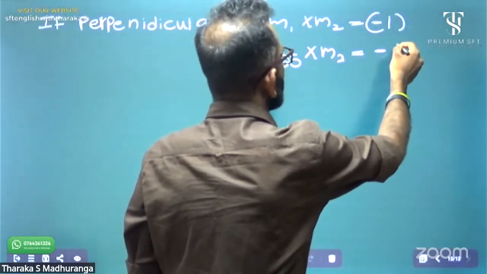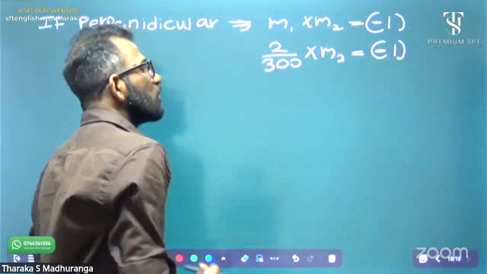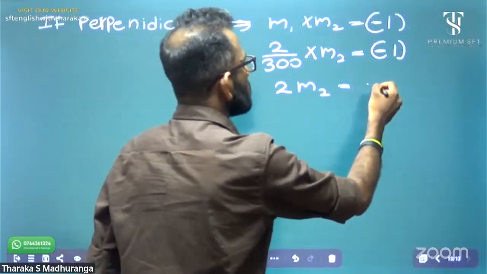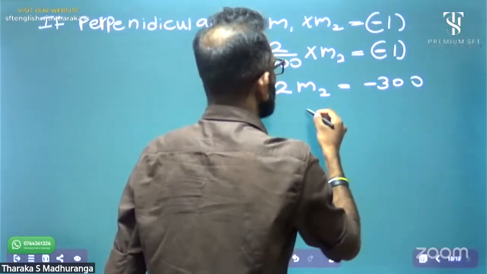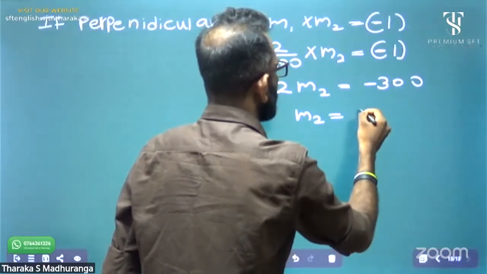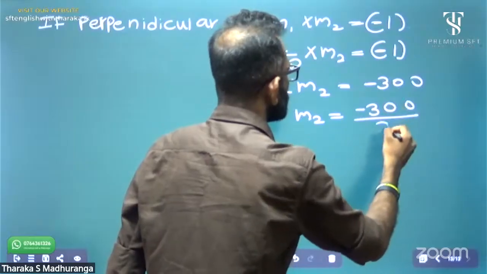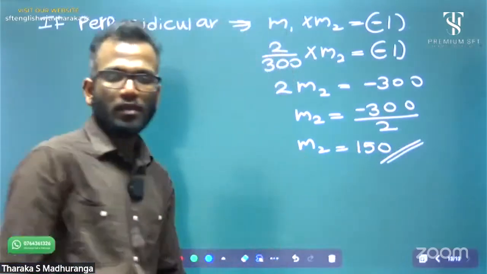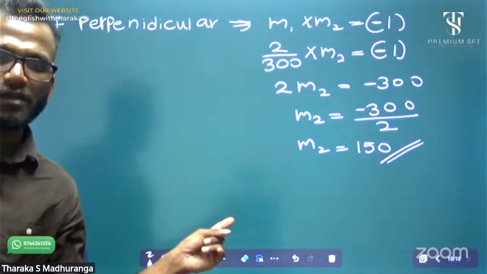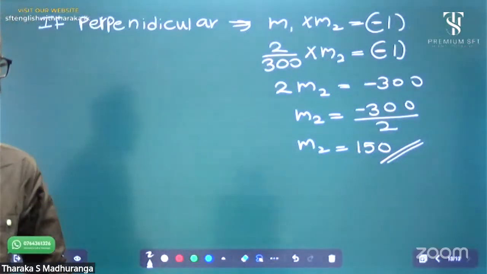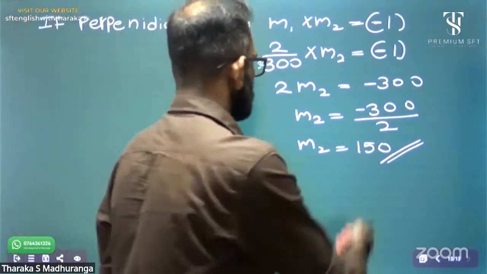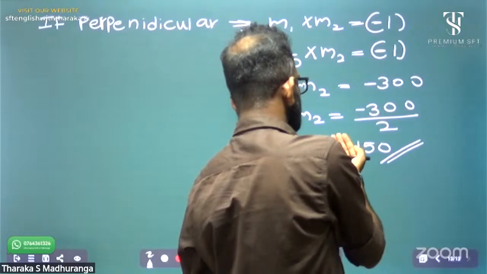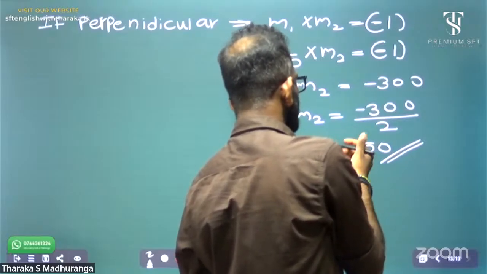M2 is unknown. It equals minus 1. Cross multiplication: 2M2 equals minus 300. Now M2 equals minus 300 over 2. M2 equals minus 150. Who got this correct? Sorry, minus 150. Okay, these are A-level questions.